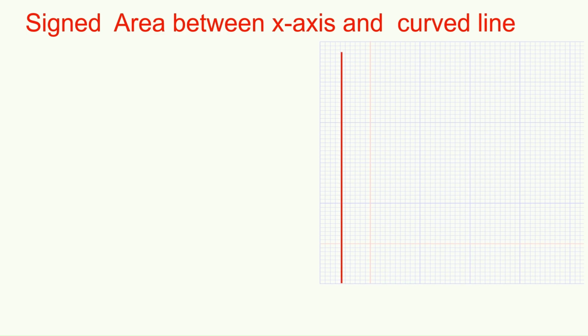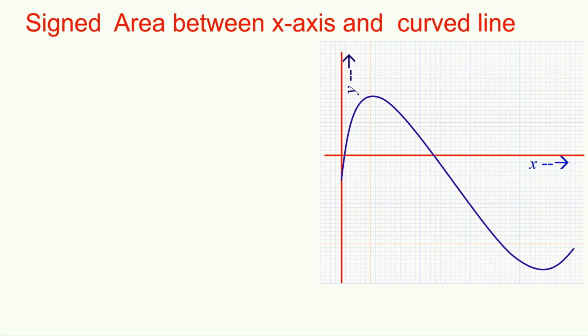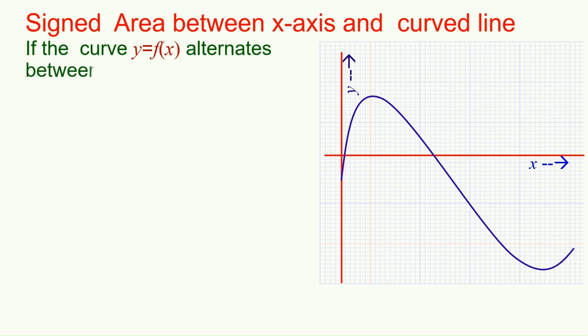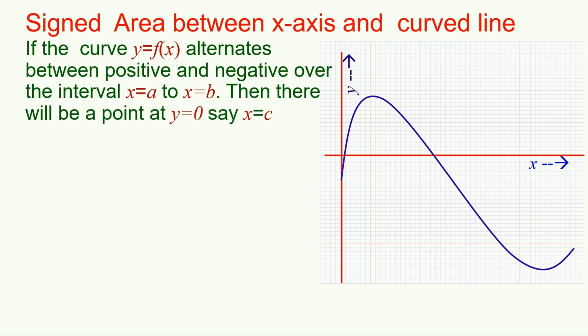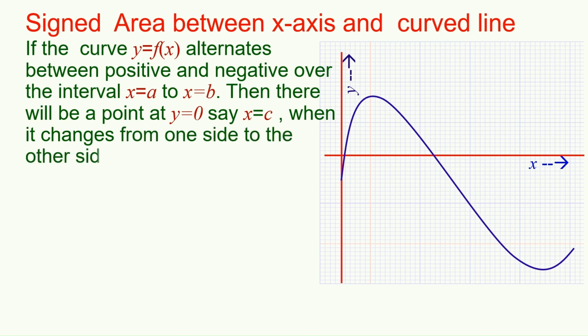Signed area between x-axis and the curved line. If the curve y equals f(x) alternates between positive and negative over the interval x equals a to x equals b, then there will be a point on the x-axis, or at y equals 0, say x equals c, where it changes from one side to the other side.